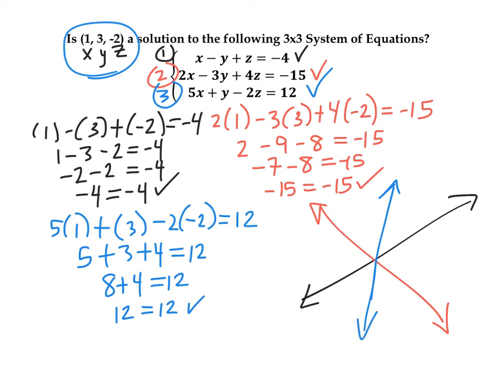And everything intersects at that point that we spoke about, 1, 3, negative 2. Because all three equations work, they all equal the number that we expected them to equal, then all three equations are true or consistent at this particular location in space. It's hard to draw this graph three-dimensional, so just imagine a three-dimensional graph with three equations intersecting at the same space.